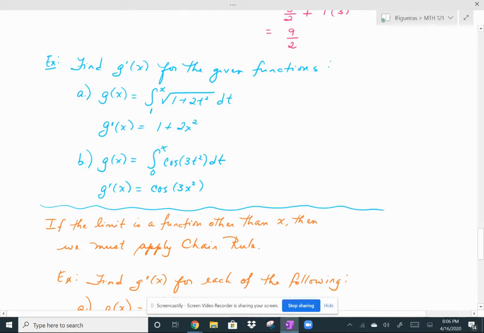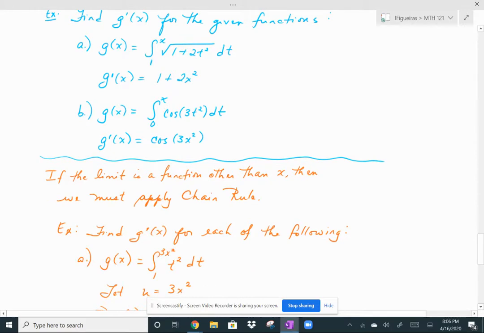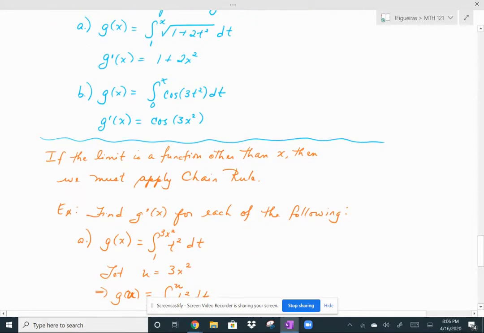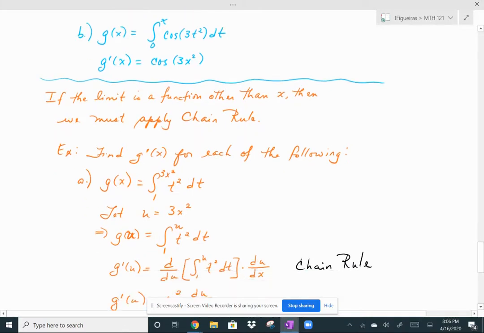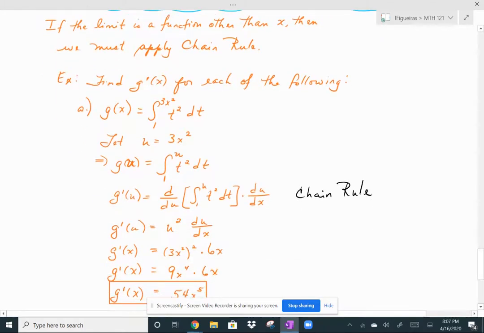Okay, but it is possible for the limits to be a more complex expression other than x. So if it's something other than x and you have variables in your limits, then you have to use the chain rule when you are finding the derivative of the integral. So this next example allows us to illustrate that.